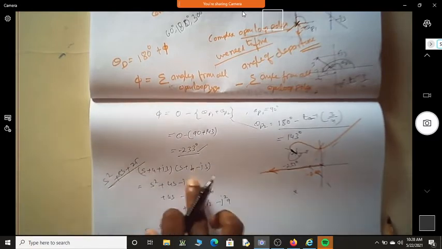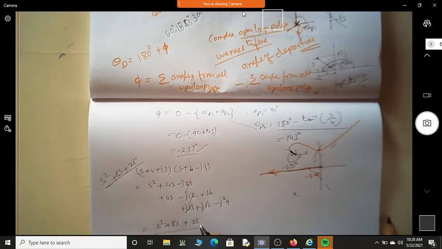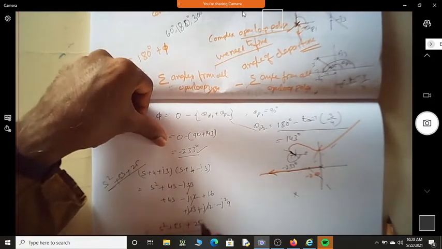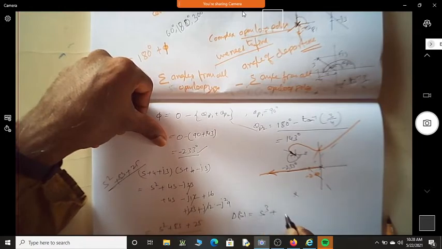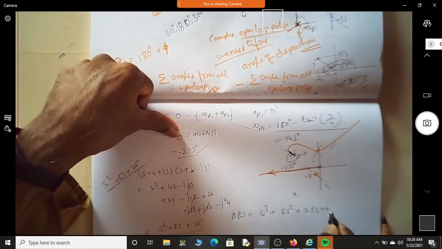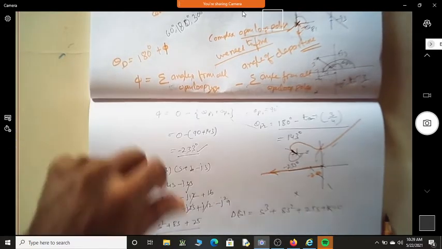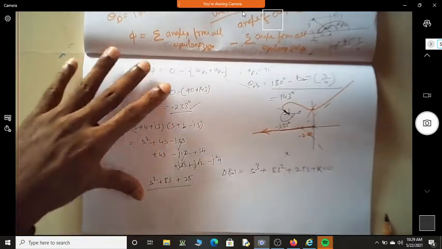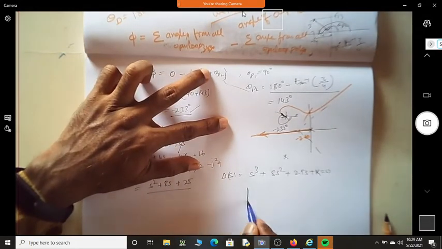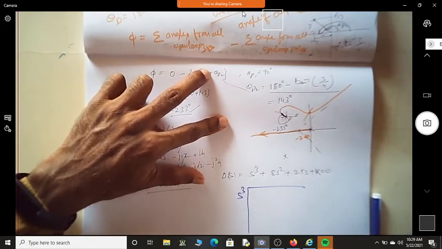Next problem, let us not do this, we just directly do it this way. What is the equation now? Is it actually delta of s equal to s cube plus 8s square plus 25s plus k equal to 0? Am I correct? Are you there with me?